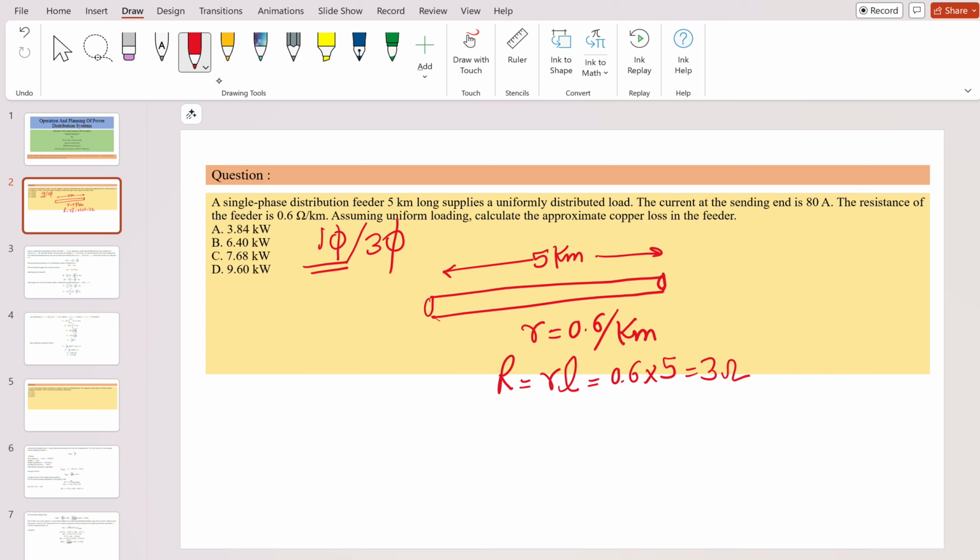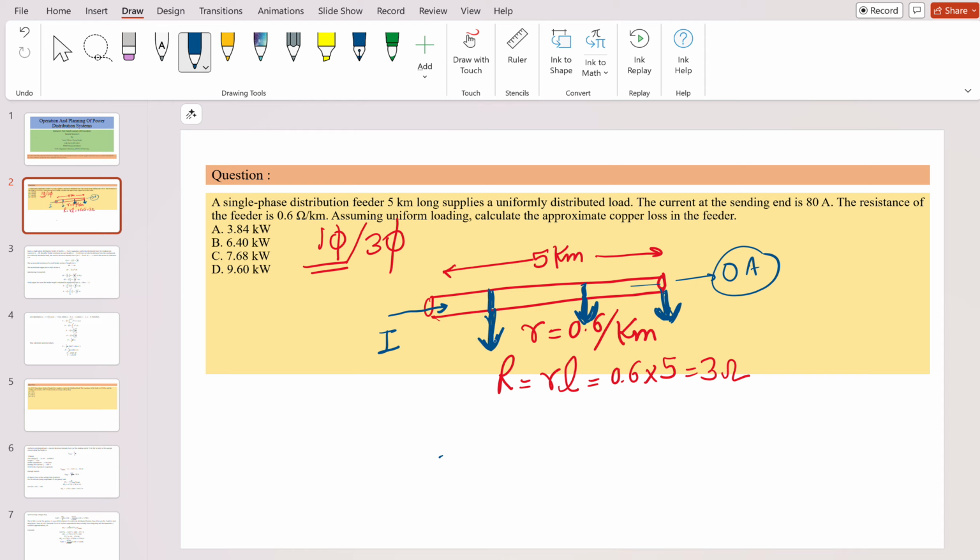What it is trying to say is that if it is a uniformly loaded system, the current drop will be distributed. Suppose I cut this length into three sections, and at each point a load is connected. Load is connected here, here, and here. For uniform distribution, at the end of the feeder there will be no current injected from that side, because at the end all the current goes into the load side.